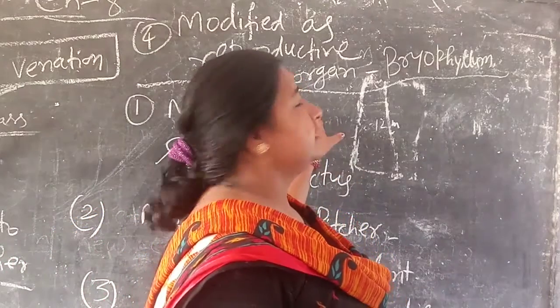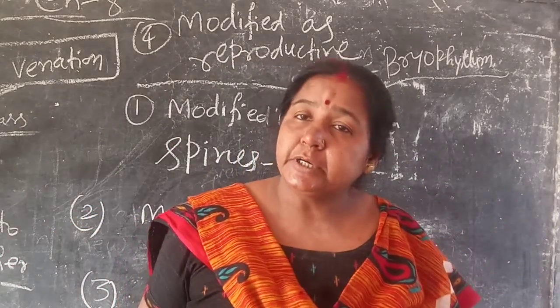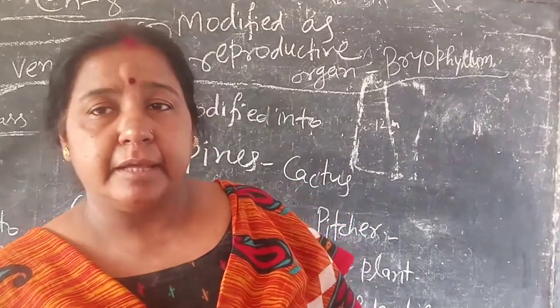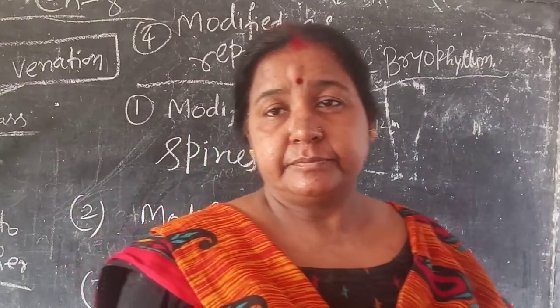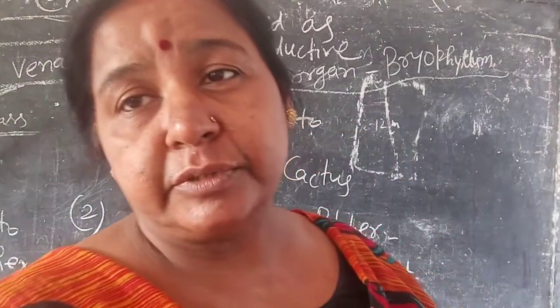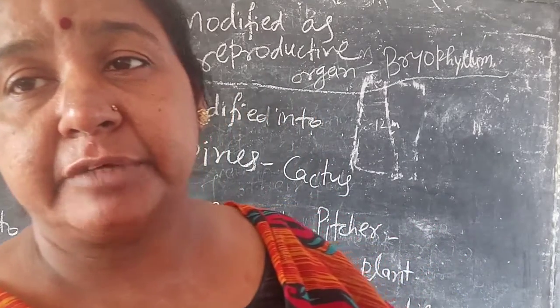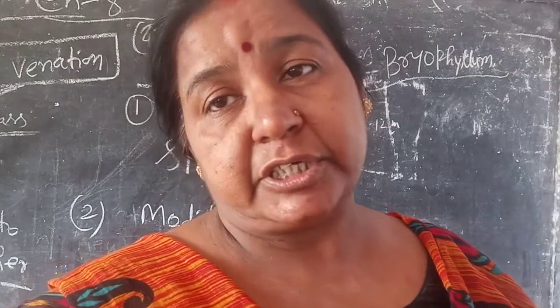Now leaf is modified as a reproductive organ. That is example Bryophyllum. Understand that modification of leaf is changing of the forms of leaf to do a special function. Understand?